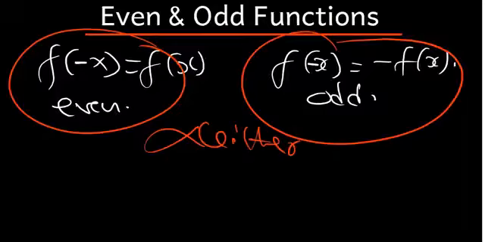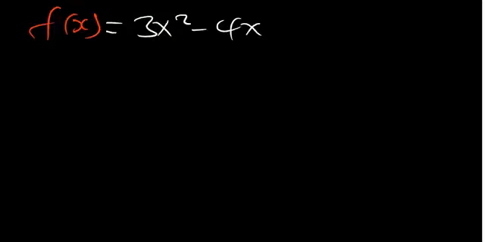Let's have some examples. Let's say we have a function f of x is equal to 3x squared minus 4x to the power 4. Let's see if this function is odd, even, or neither.